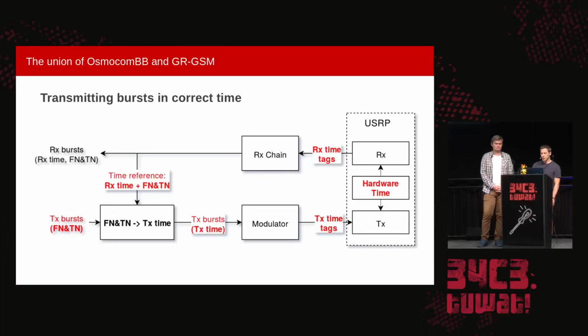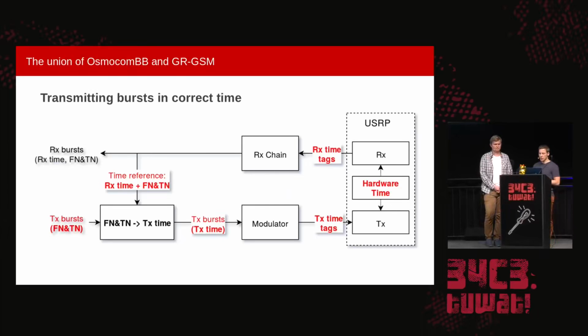So we have the following task. We have bursts coming from the upper layer. They have a frame number and time slot number, and then we have to transmit them at a precisely defined moment in the whole TDMA structure. For this, very helpful is the hardware clock inside the software-defined radio that we use. This is the USRP.